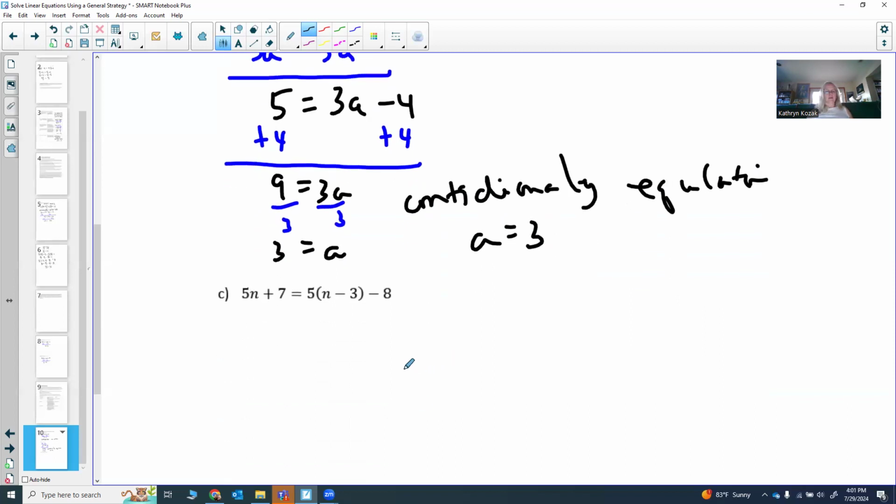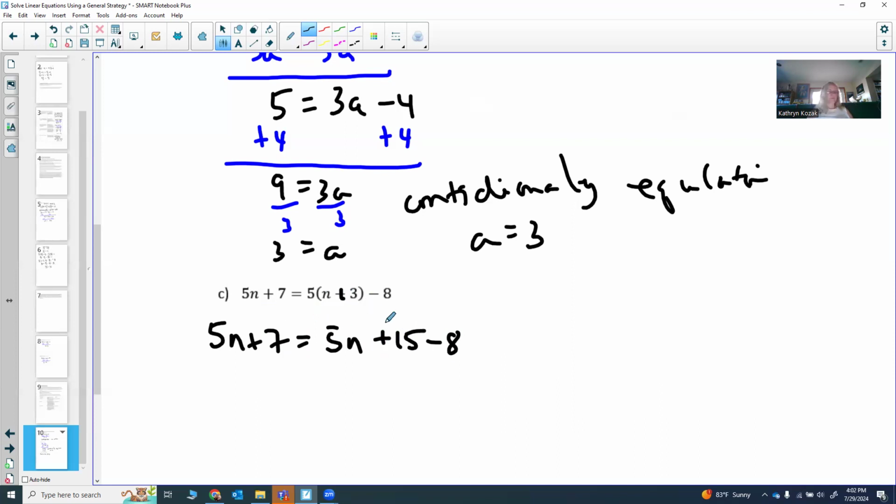Example letter C, 5n plus 7 equals 5 times n plus 3 minus 8. I'm sorry, this was supposed to be 5n plus 5 times n plus 3.